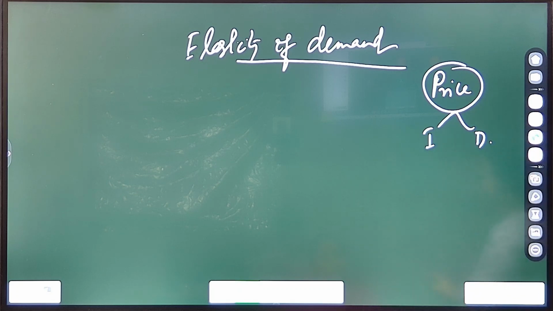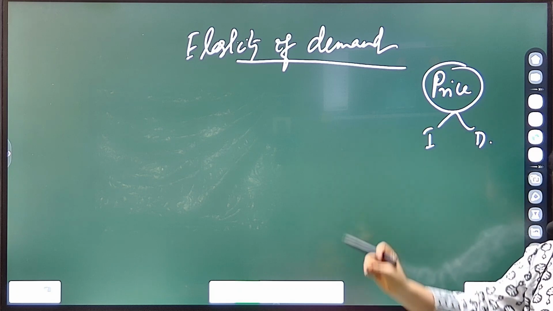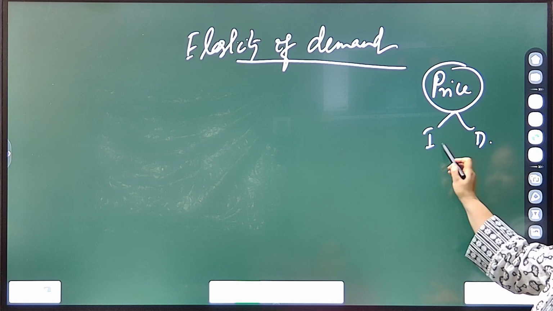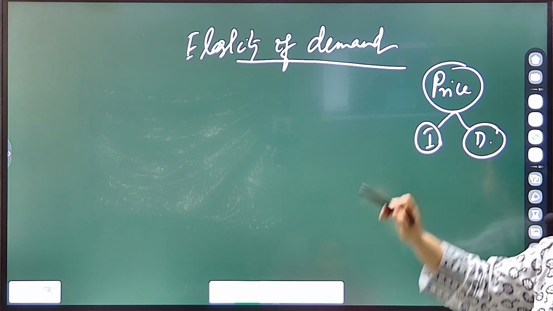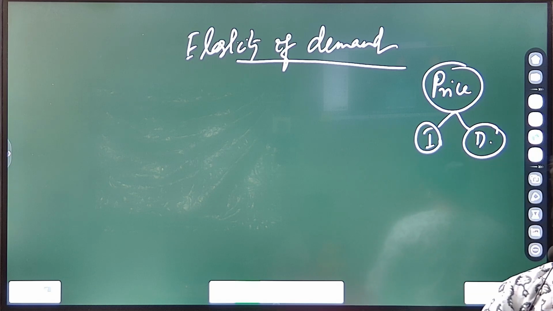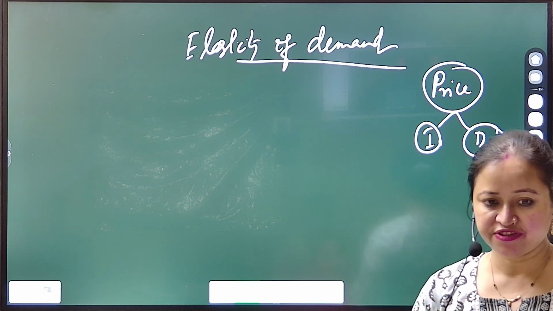If there is a small or bigger change in price, and due to that there is an increase or decrease in demand, that is called price elasticity of demand. Fine? Clear? So responsiveness of demand due to various factors, including price, is called your elasticity of demand.